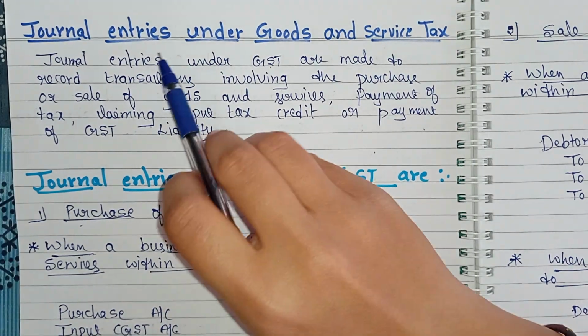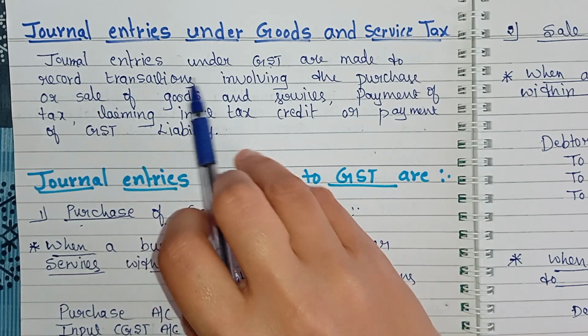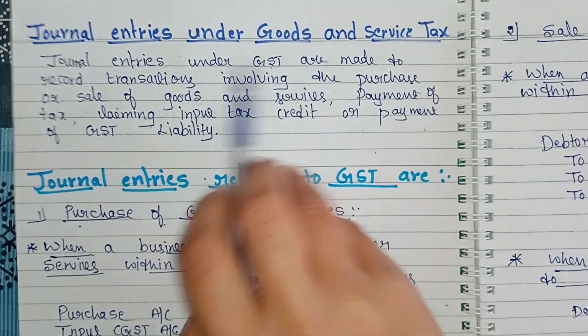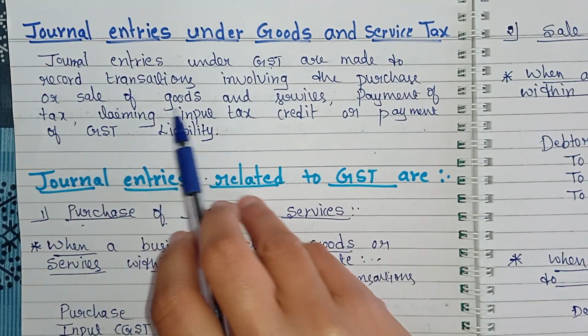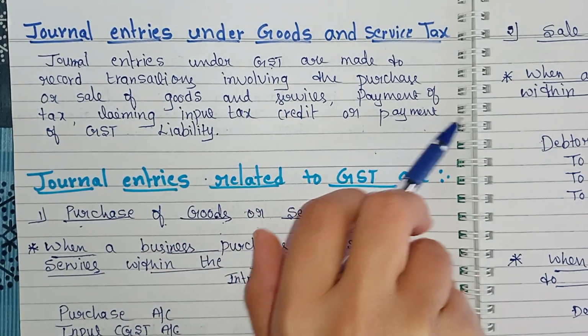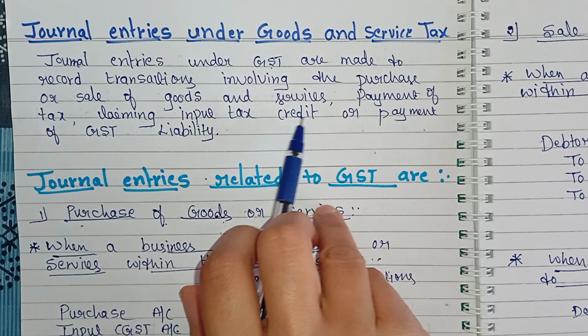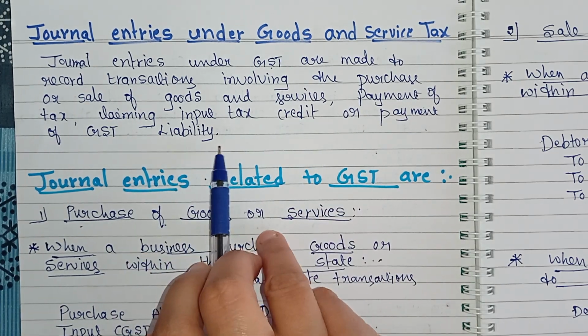Now we will see the journal entries. Journal entries under GST are made to record the transactions involving the purchase or sale of goods and services, payment of tax, claiming input tax credit or payment of GST liability.